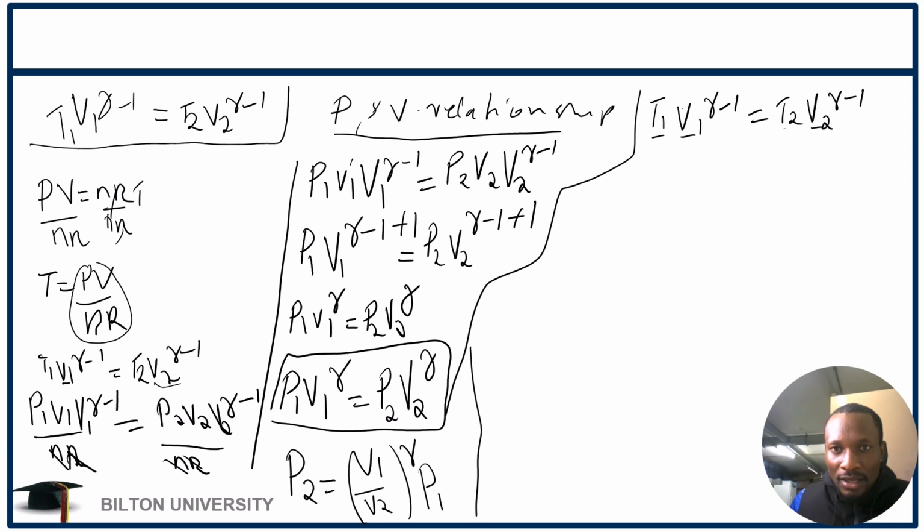We can then look at final temperature, meaning that T2 will be the ratio of V1 over V2 to the power gamma minus 1 times T1. So we can use this equation to determine the final temperature. But the most important thing is to know the value of gamma.